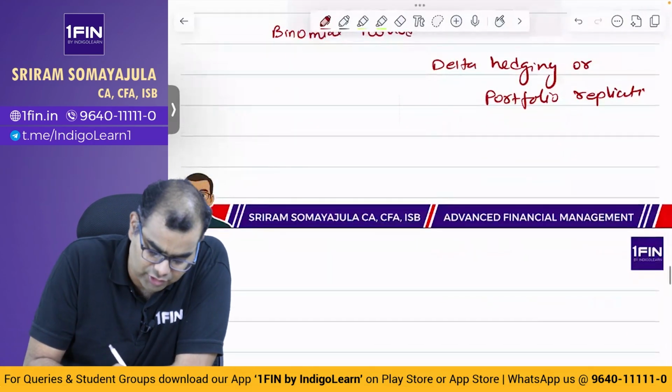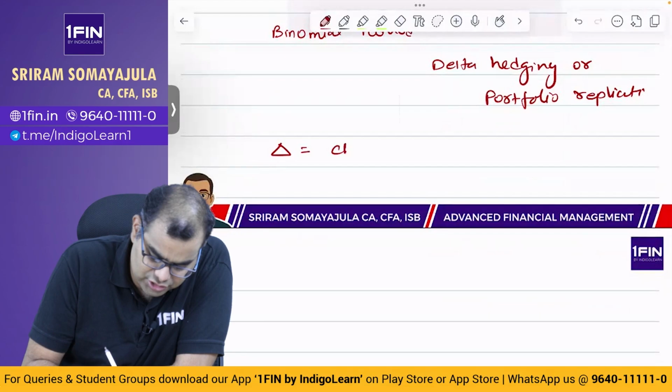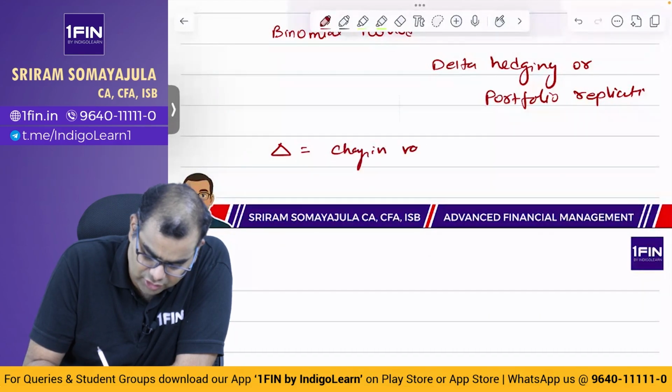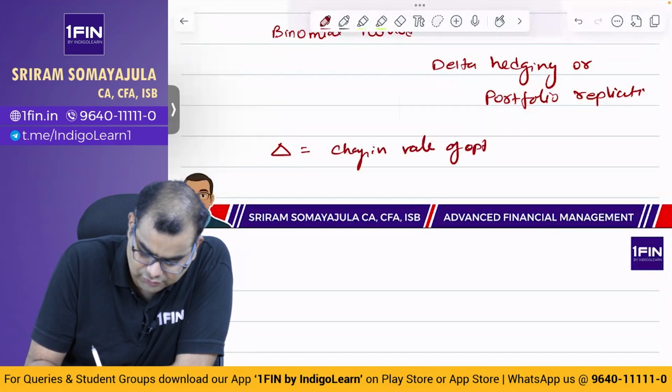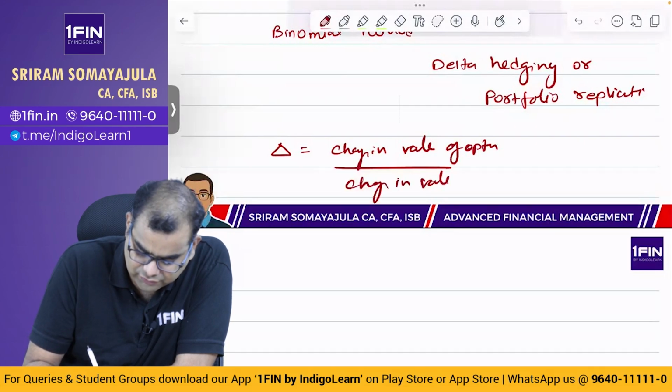Let us take delta hedging. What is delta? Delta is equal to the change in value of the option for the change in value of the share.